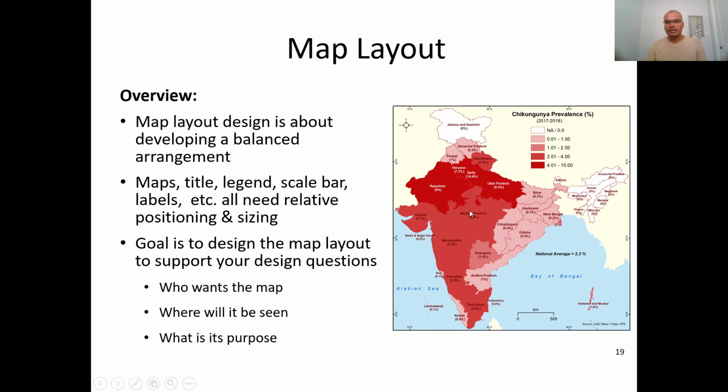And the purpose of this map is to explain to the general audience the mean value of chikungunya prevalence, a particular vector-borne disease, and the mean distribution state-wise. If I want to show, in addition to the classes, exactly the mean values, you have to add them as labels. So depending upon your purpose and for whom you are preparing this map, you can add the elements appropriately.